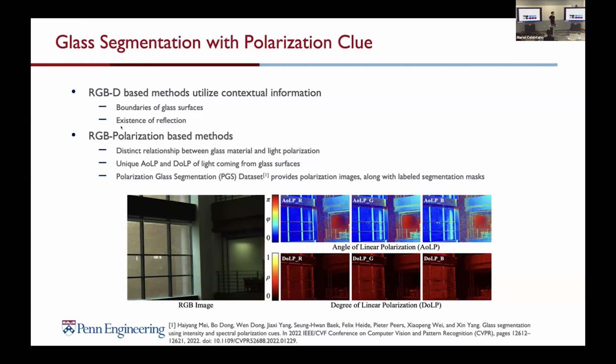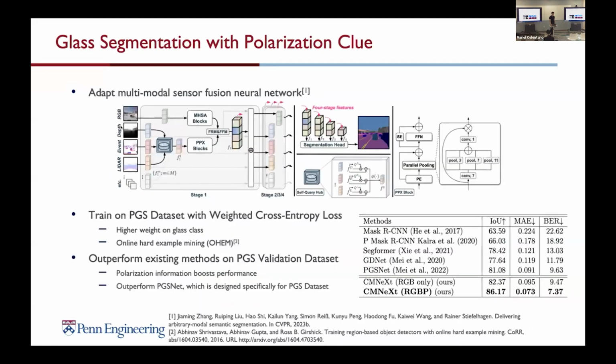We'll also try to use RGB plus polarization information for this task. In this work, we borrow a dataset called the Polarization Glass Segmentation dataset from a previous work that provides us with a lot of polarization images of glass surfaces in real life, and it also comes with hand-labeled segmentation masks. One of the examples is shown on the bottom of the slide.